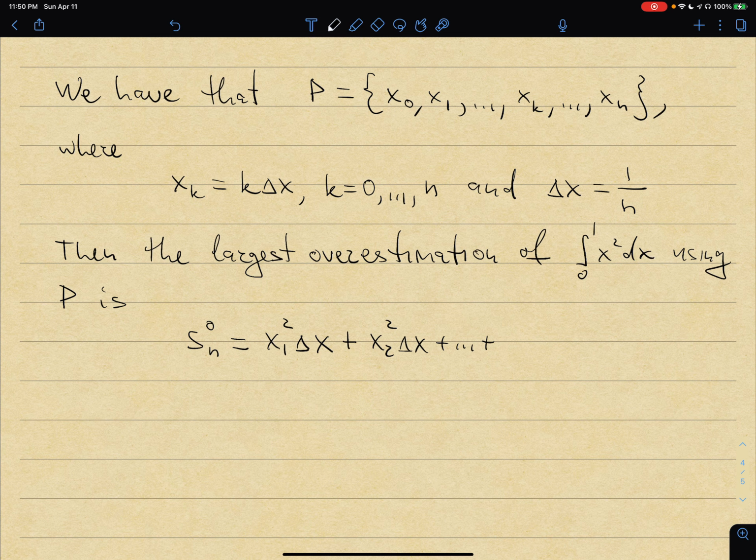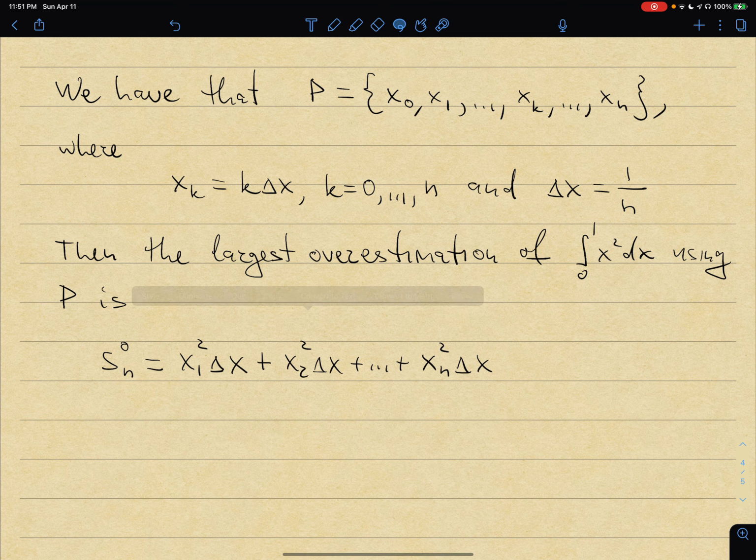And the last rectangle, again, will have a height at its right endpoint. The height at the right endpoint of the last interval is xn. So it's xn squared times delta x.